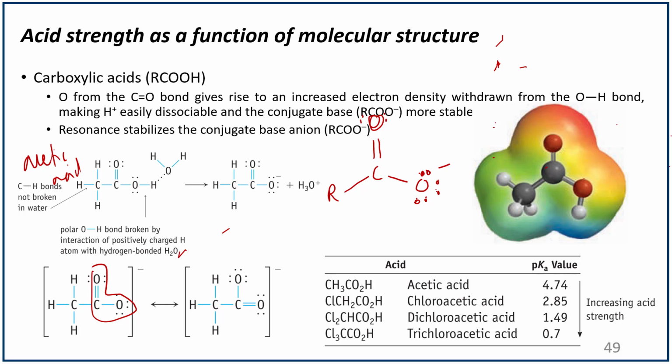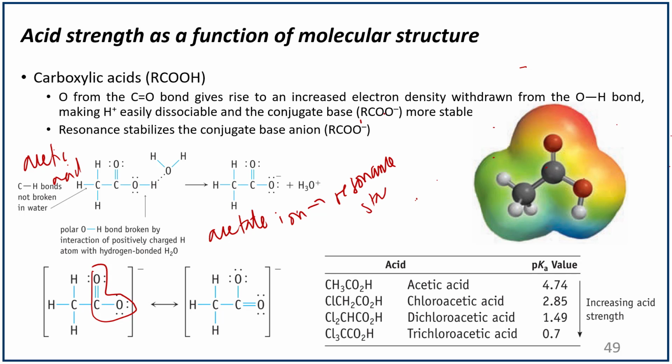And what we can see here is that we can write 2 resonance structures for the acetate ion, but we can only write 1 for acetic acid, the actual carboxylic acid itself. Therefore, the acetate ion is resonance stabilized.